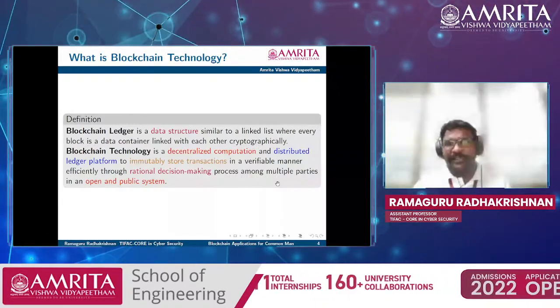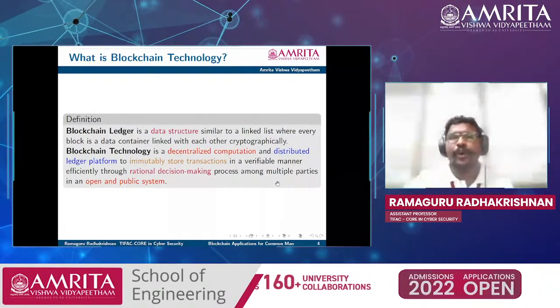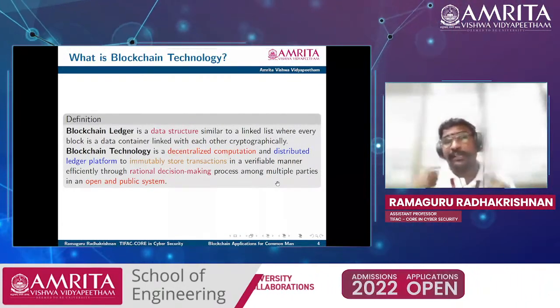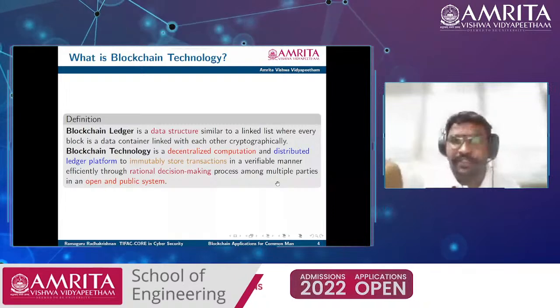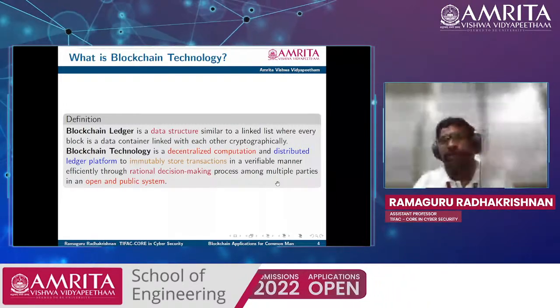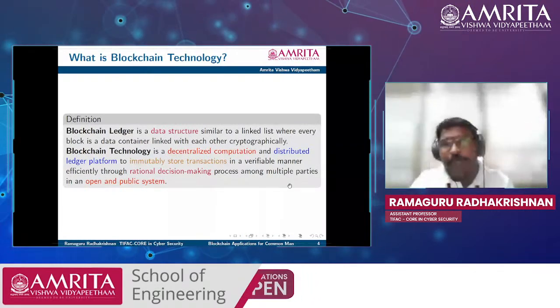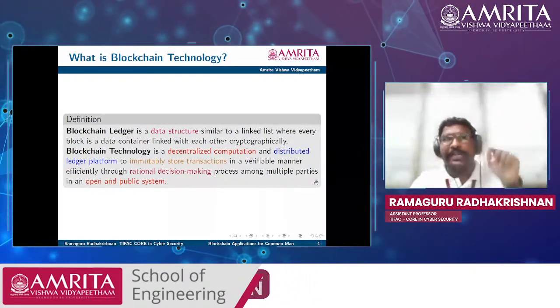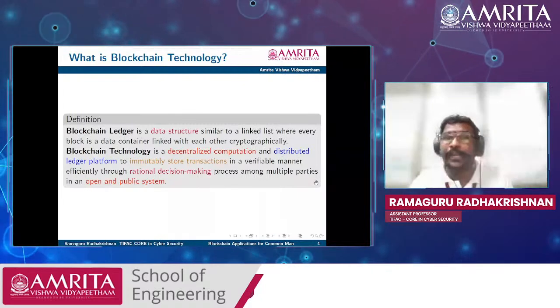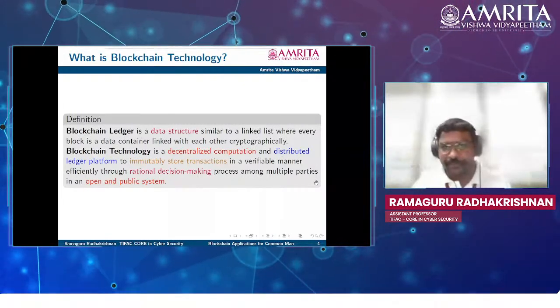So in such cases where there is no requirement of trust, or there is already trust on the stakeholder, blockchain is not at all required. Blockchain is only required when there are multiple parties who are involved, and these multiple parties may not know each other.